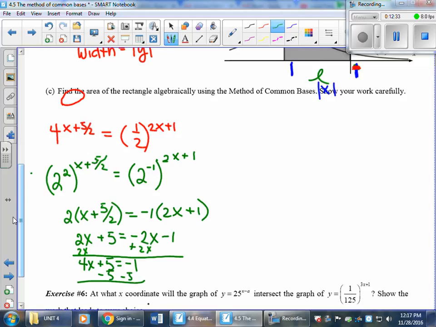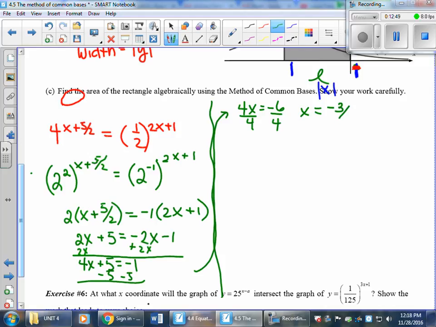I get 4x is equal to negative 6. Divide by 4, and x is equal to negative 6 over 4, which we need to reduce to negative 3 over 2. Always make sure that you are reducing.